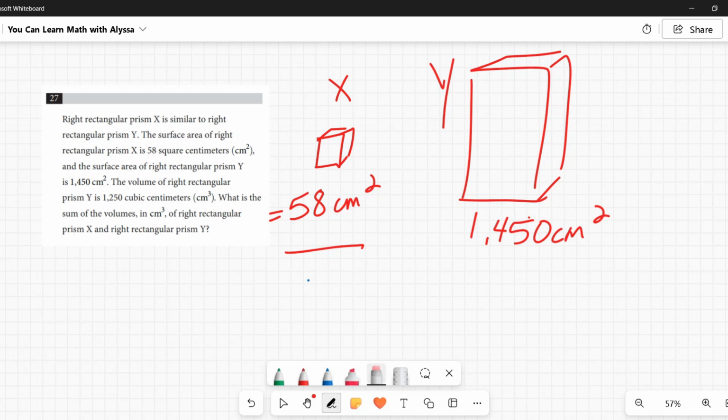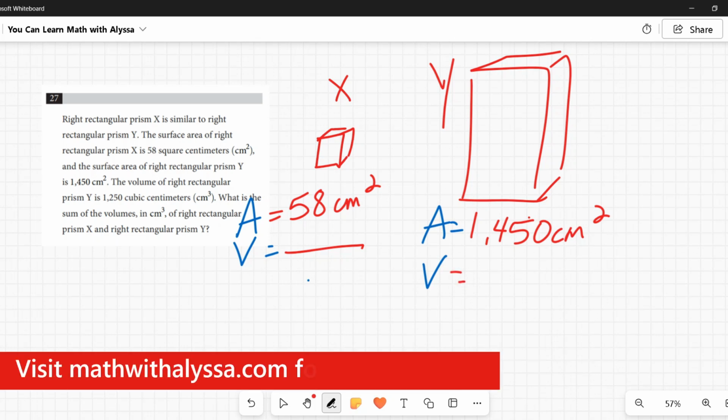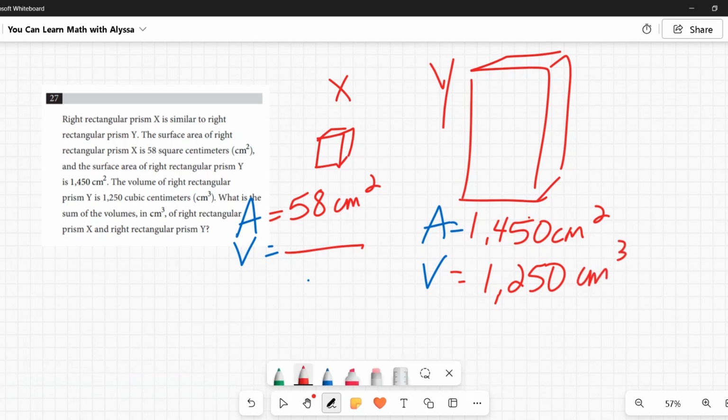I'm just going to use A for area, and then V for the volume. We don't know that one. V for volume over here is 1,250 cubic centimeters.